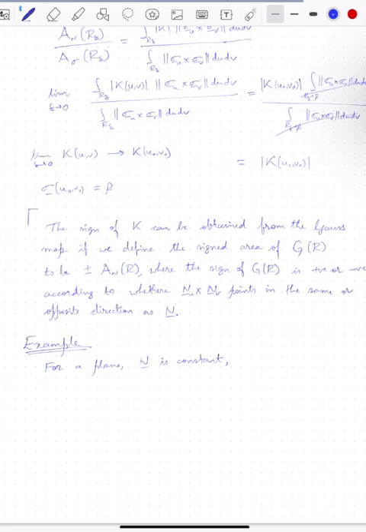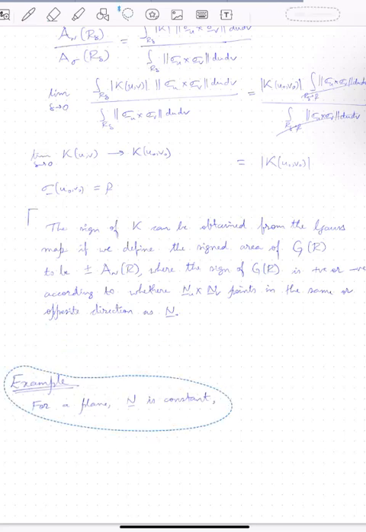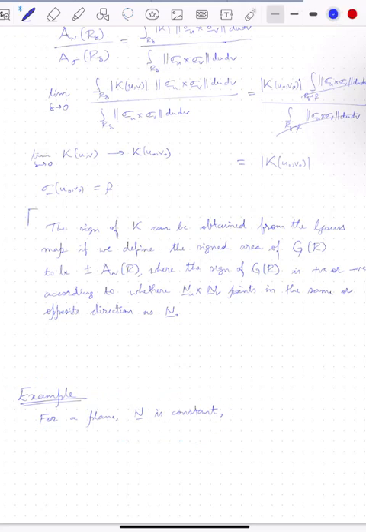Right? So in the sense that we can reduce this problem, I mean, this theorem, and slightly extend it. So what we have is, K is actually the limit, right?